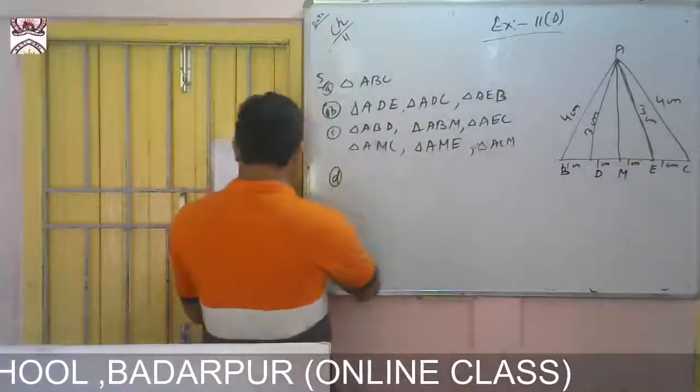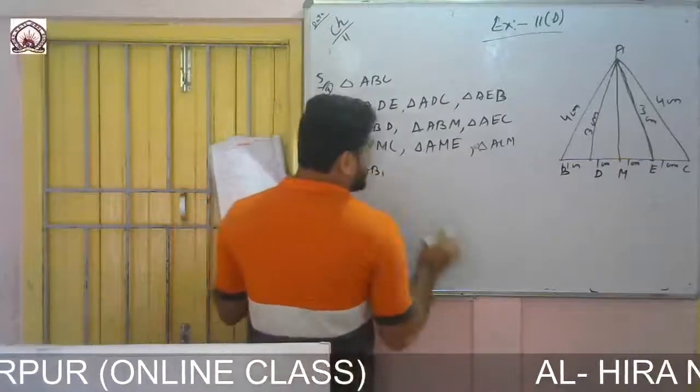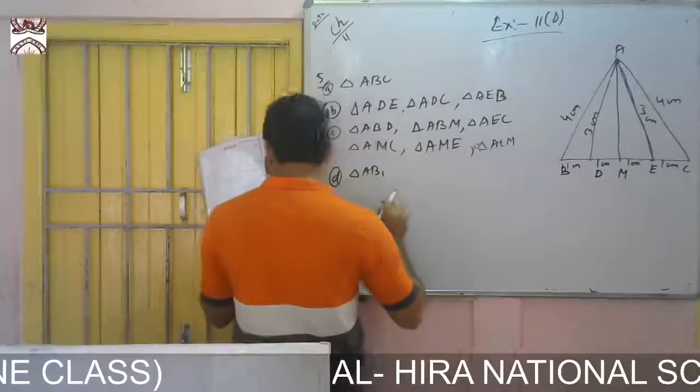You write their names. First one will be triangle ABC, because it is less than 90 degrees. So it will be an acute angle.